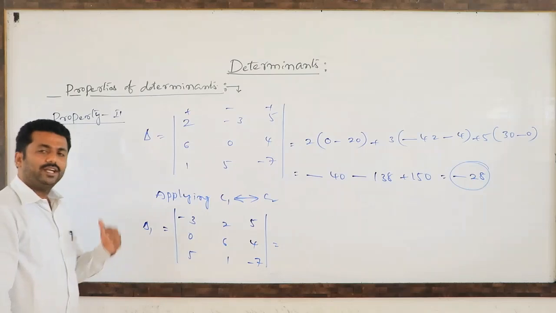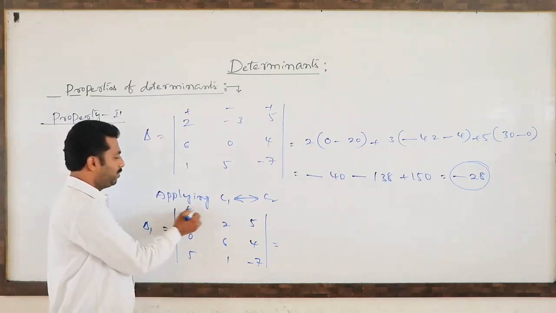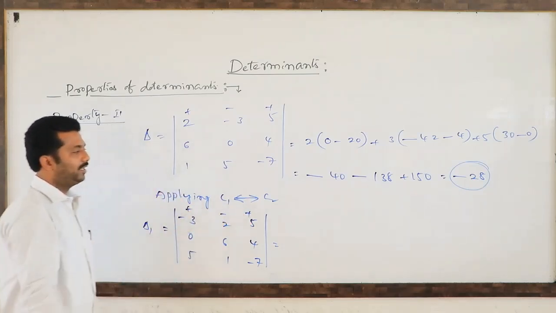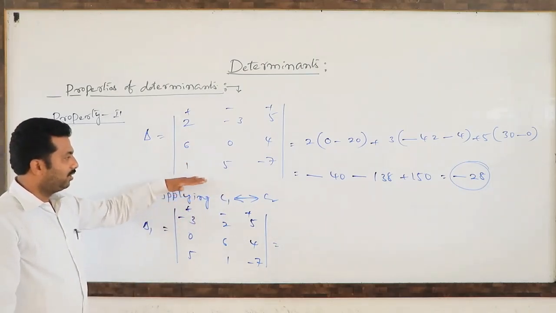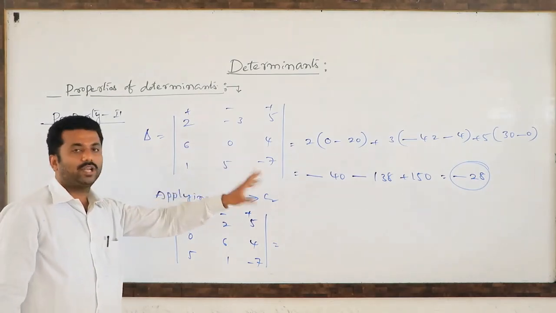Now you can expand along any row or any column. I am expanding along the first row only, to see whether the sign changes or not. If I apply this property, we should get plus 28.